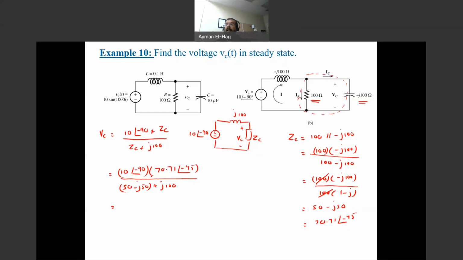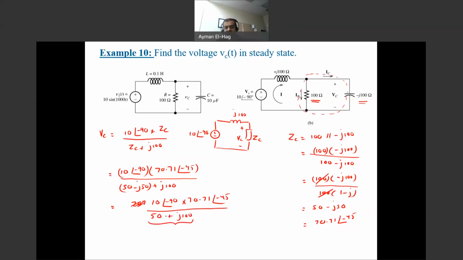In the numerator, we have multiplication of two polar numbers, so keep it as it is. It doesn't really matter because we will have something nice now: 10 angle of minus 90 times 70.71 angle of minus 45, divided by 50 minus j50 plus j100.